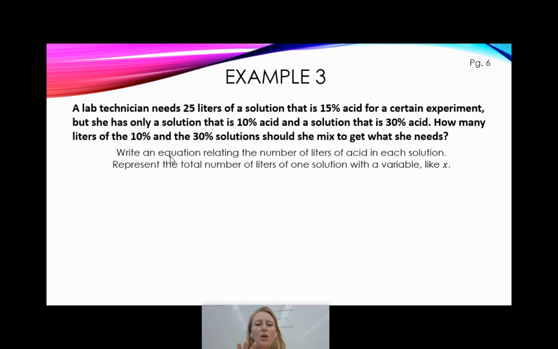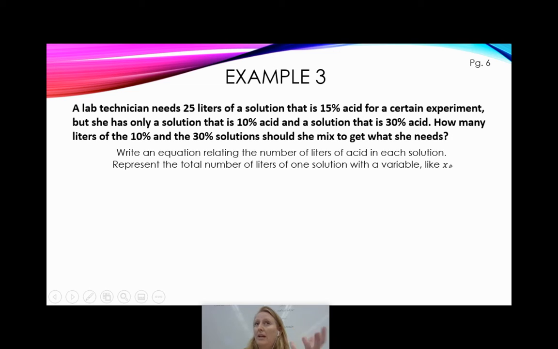So first of all, let's represent the total number of liters of one solution with a variable like x. Let's say that the 10% solution will be x. Awesome. Now notice we want 25 liters of that 15% solution.